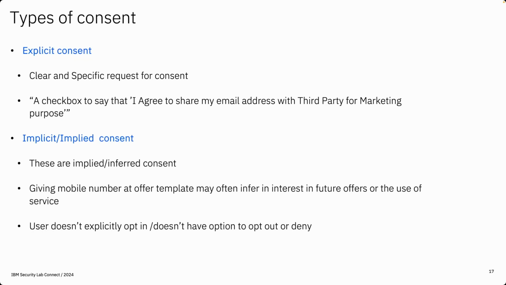The user doesn't explicitly opt in, and does not have an opt-out or deny option in this case. It may not be used in a lot of places, or it may be a slightly easier or more relaxed form of consent.